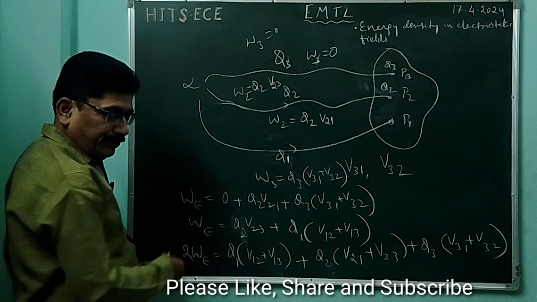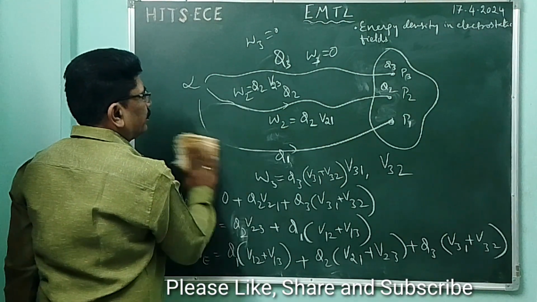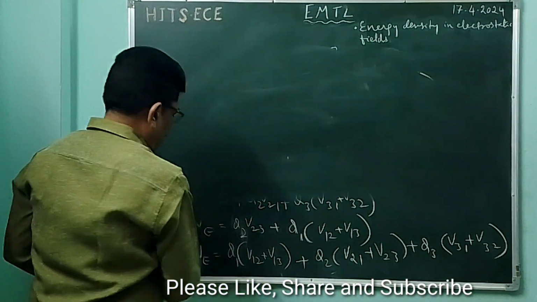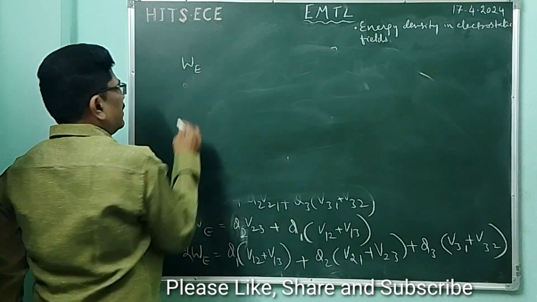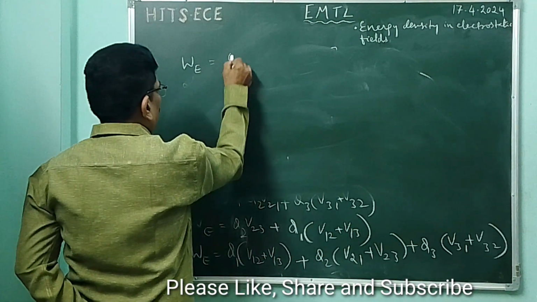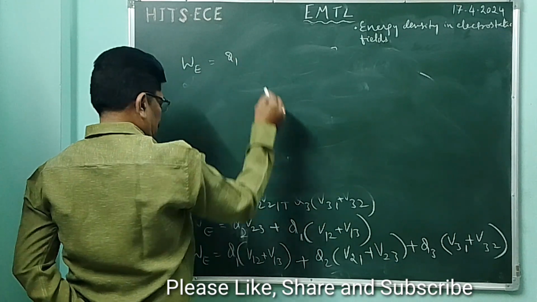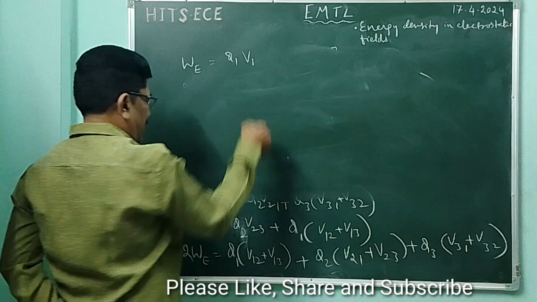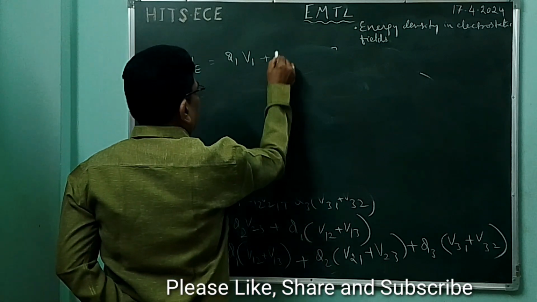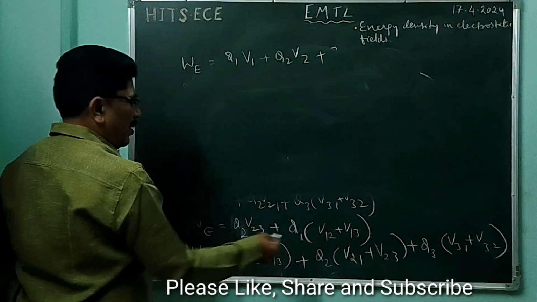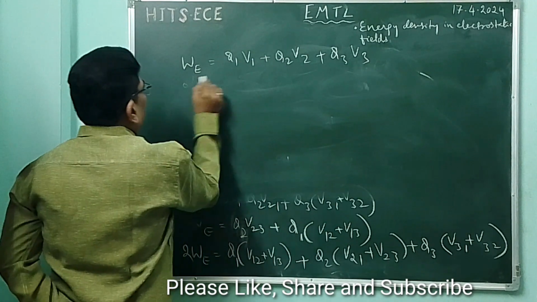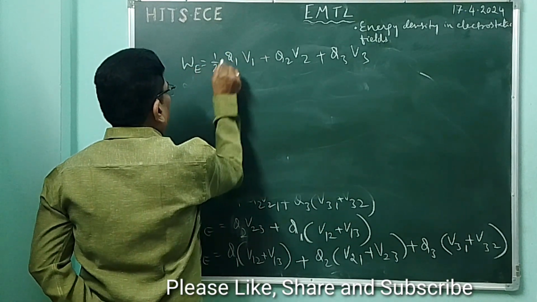So the work done in moving these three charges from infinity to that empty space is equal to Q1 into V1, where V1 is the total potential at P1, plus Q2 into V2, the total potential at position P2, plus Q3 into V3, all divided by 2.